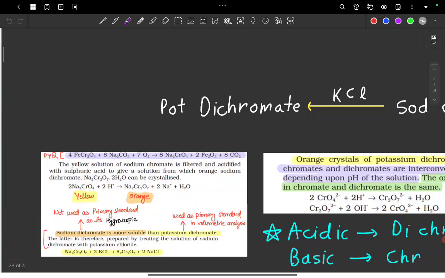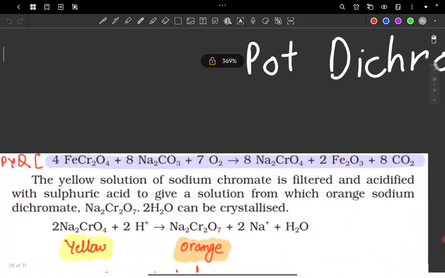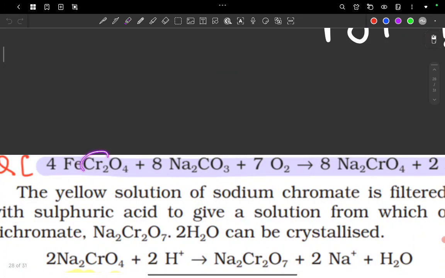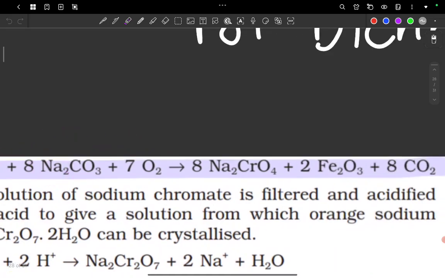Well, here something similar takes place. We react the chromite ore with sodium carbonate and a displacement reaction takes place where Fe2O3 is formed. But the main part is that Cr2O4 combines with Na to form Na2CrO4, which is sodium chromate.